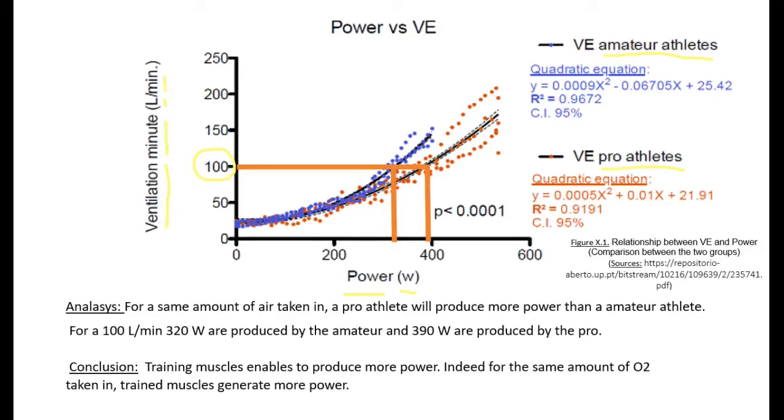How can this be explained? Well, this can be explained by different factors. Trained muscles and bodies will have a greater capacity to take all the O2 and bring it to the muscles. So there'll be a better affinity.